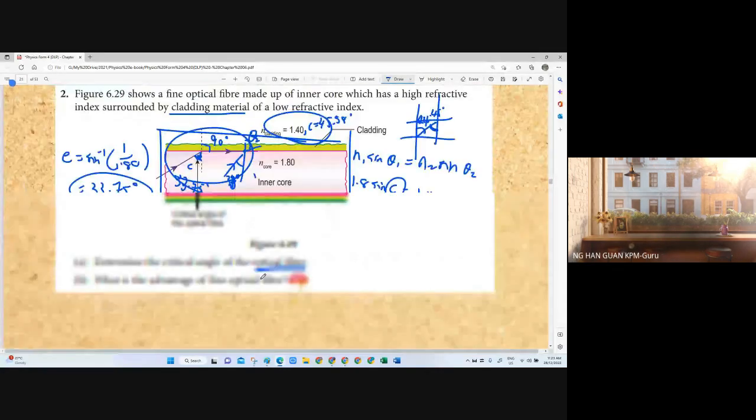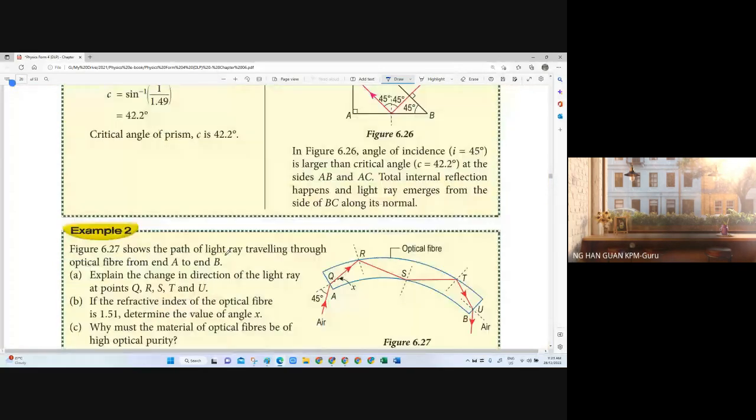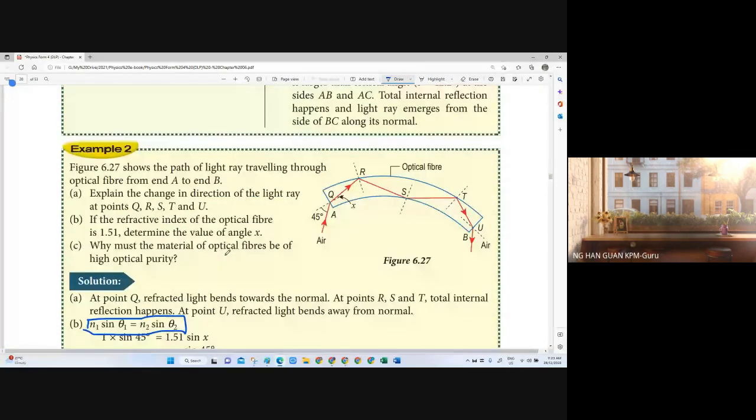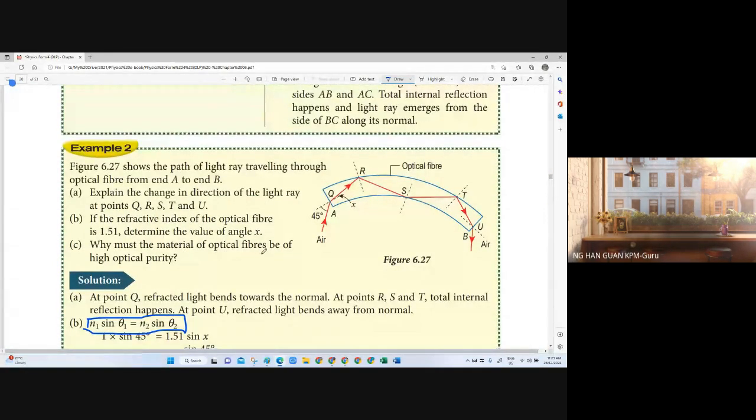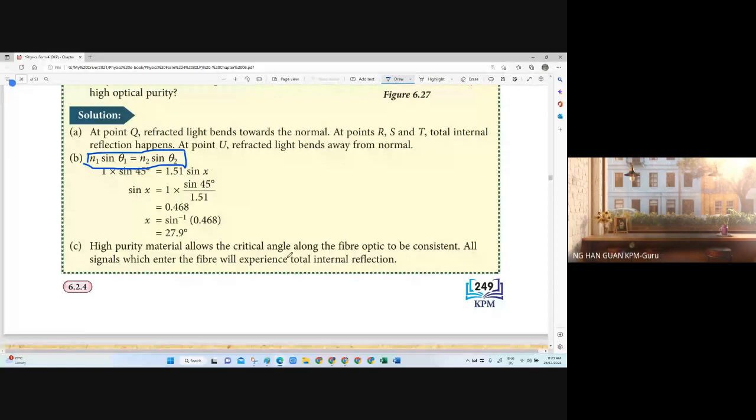And then regarding question B here, what's the advantage of the fine optical fiber? Actually, it's already given here, right? Why must the material of an optical fiber have a high optical density? A high optical density allows the critical angle along the optical fiber to be consistent.